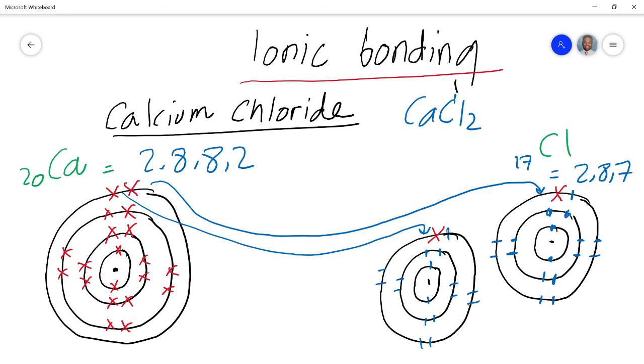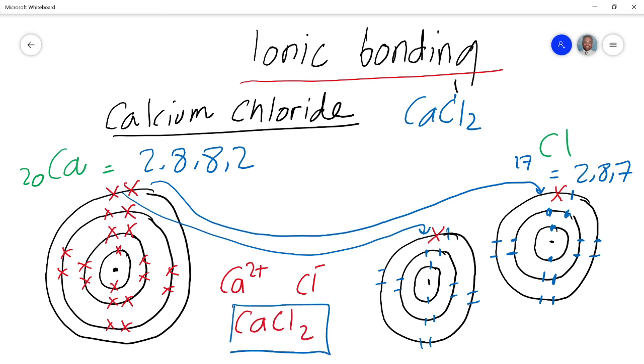So you've got 2 chlorines to 1 calcium, and that explains why, if you look at it, calcium's valency is 2+, chlorine's is minus, and the formula for calcium chloride is CaCl2. So this explains via ionic bonding how the transfer of electrons takes place.